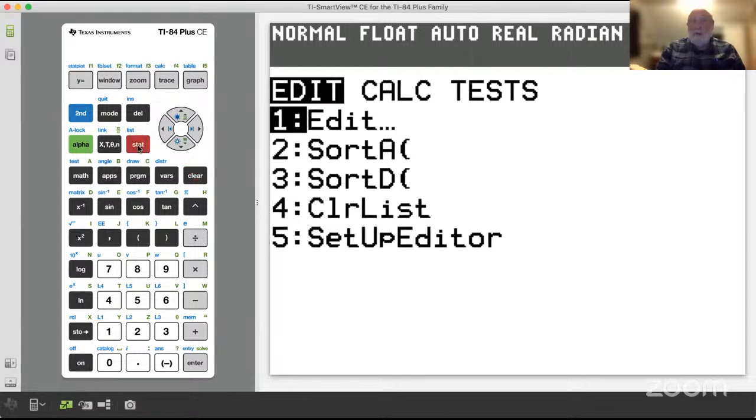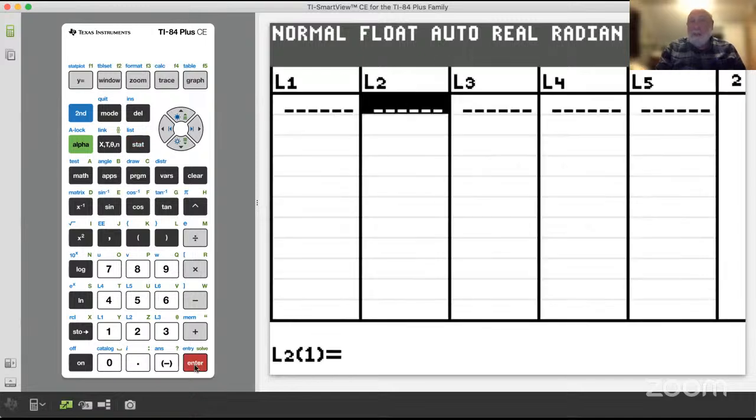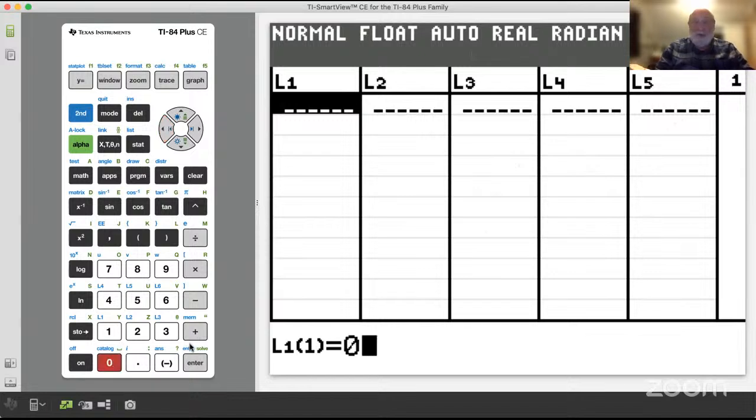So I'm going to go to the stat menu and edit, and get into my list editor and enter some of those points that Steve was reading off the graph. And I'll add a few of my own. One that was pretty clear was the y-intercept. So that was 0. Put that in L1.